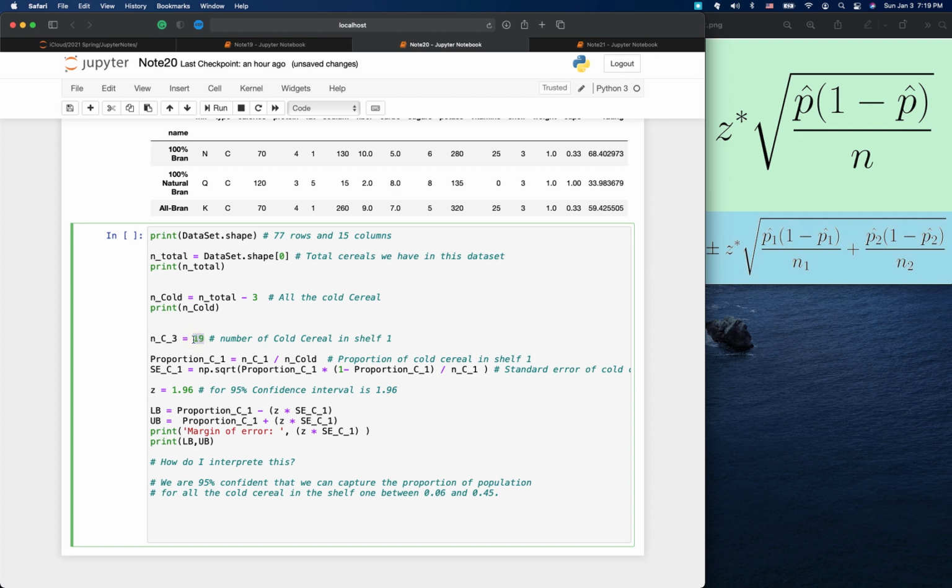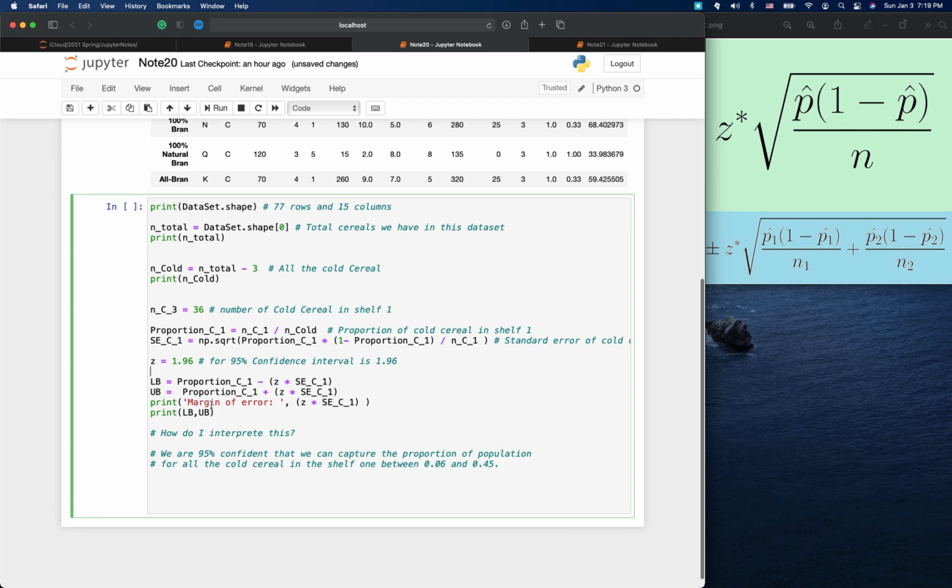So 36, and what will change? Let's change all of these to 3, because we are calculating the proportion for all the cold cereal in shelf 3, right?